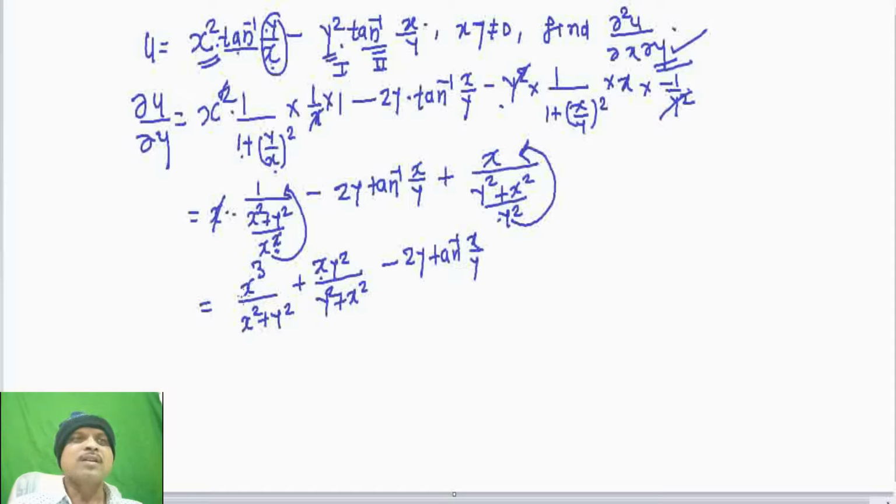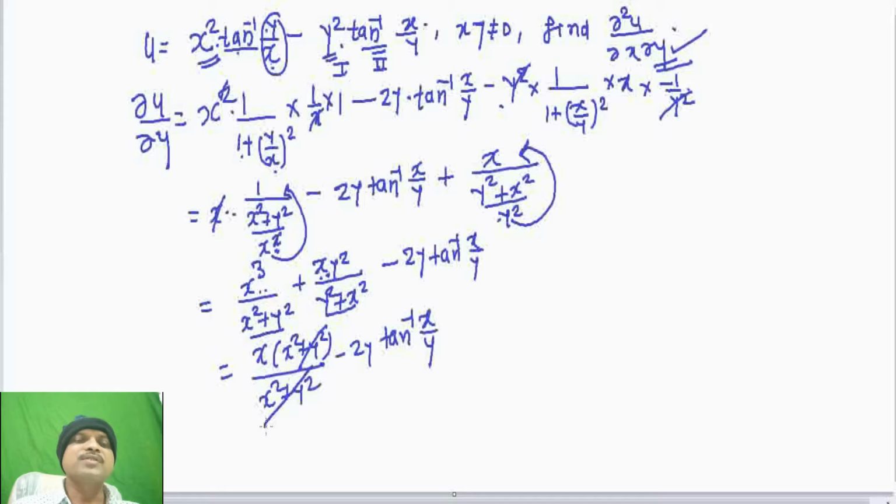Okay. Now you can see that from the numerator of these two terms we can take x as a common term. Since the denominator is the same, x square plus y square, instead of 2 we write the addition of the numerators and we take x common from the numerator and we get x square plus y square divided by x square plus y square minus 2y into tan inverse of x divided by y.